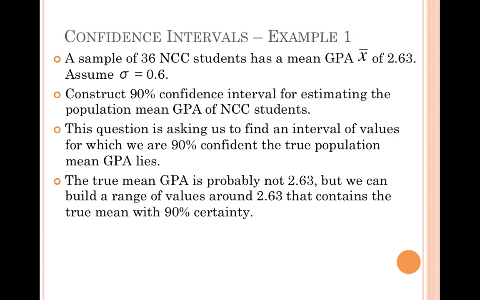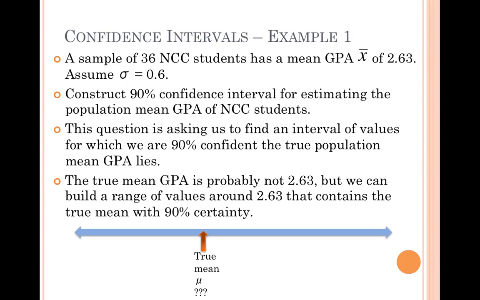The true mean GPA is probably not 2.63, but we can build a range of values around 2.63 that contains the true mean with 90% certainty. So let's say there's a horizontal axis of all GPAs. Okay, so all the GPAs are listed here from low to high, and somewhere over here we have the true mean mu GPA.